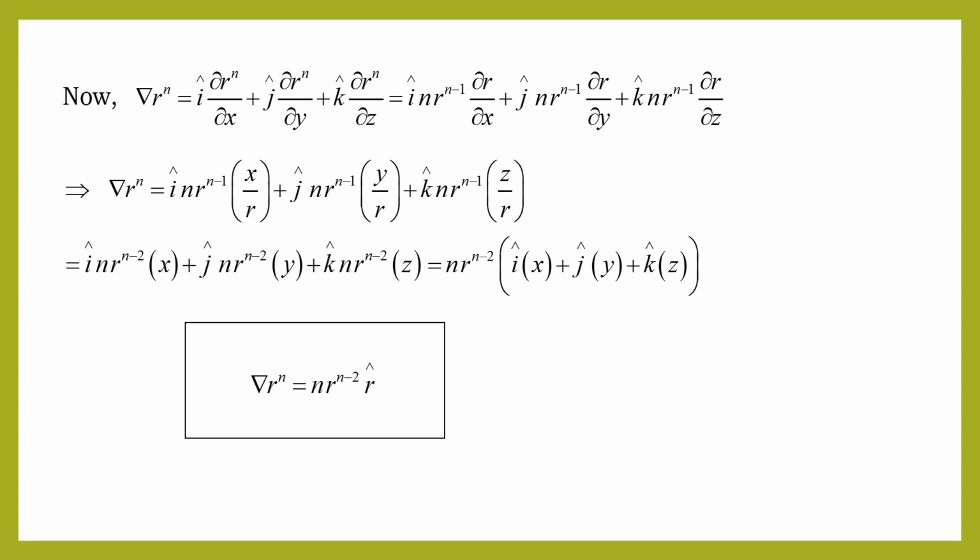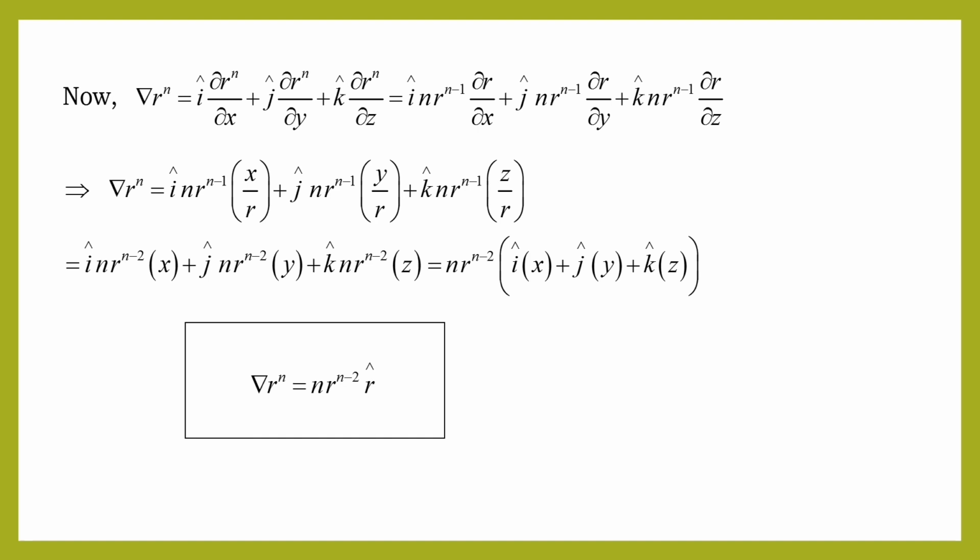Now what happens? Del r power n equals i cap n r power n minus 1 x by r plus j cap n r power n minus 1 y by r plus k cap n r power n minus 1 z by r.